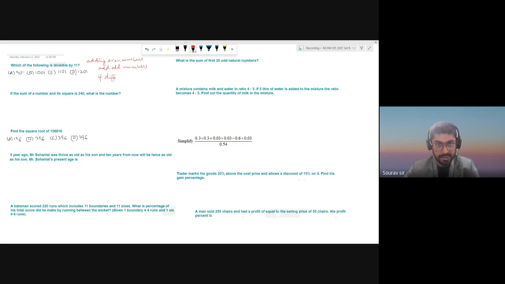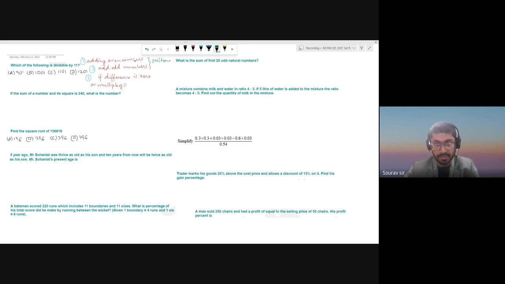If the difference is 0 or a multiple of 11, then the number is divisible. Even and odd numbers here mean numbers in even and odd positions, right?